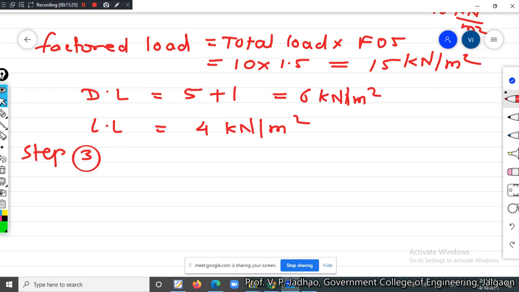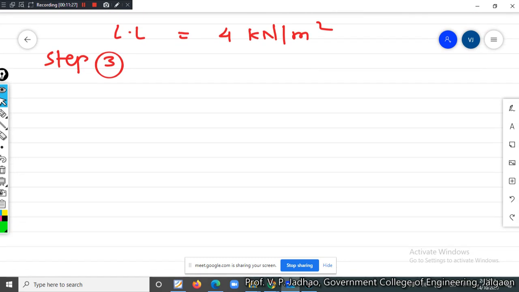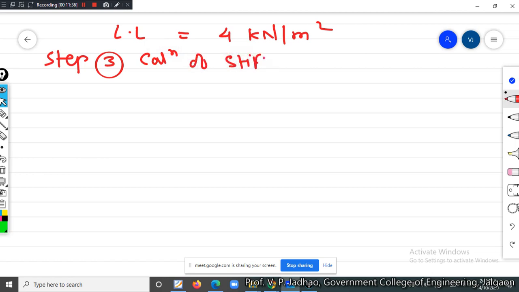So step number 3 is calculation of stiffness for columns and flat slab, and alpha C, where alpha C is equal to the sum of stiffness of columns below and above divided by the sum of stiffness of slabs on the right and left of that particular panel.